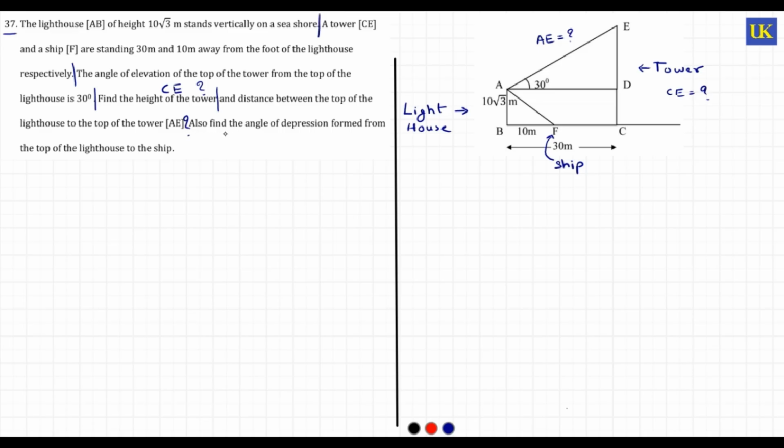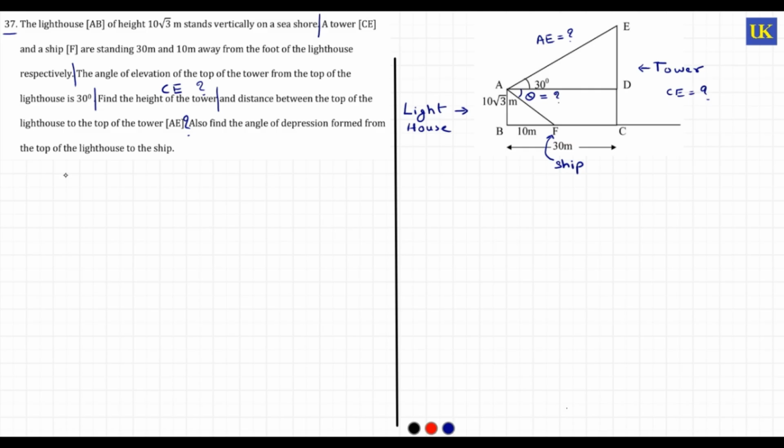There is one more thing they are asking. So there are three things they are asking in the question. Find the angle of depression formed from the top of the lighthouse to the ship. Let us name this angle theta.